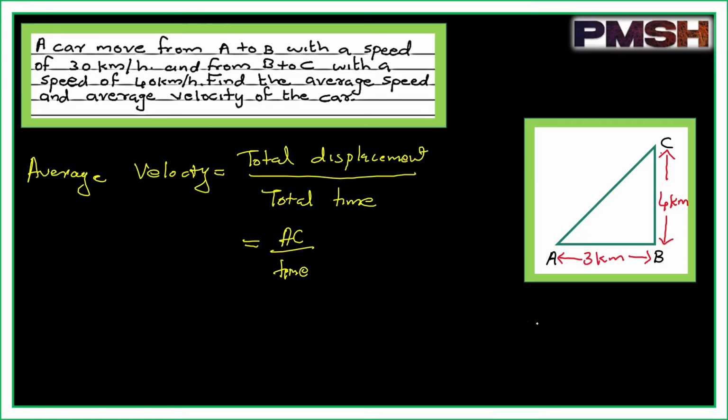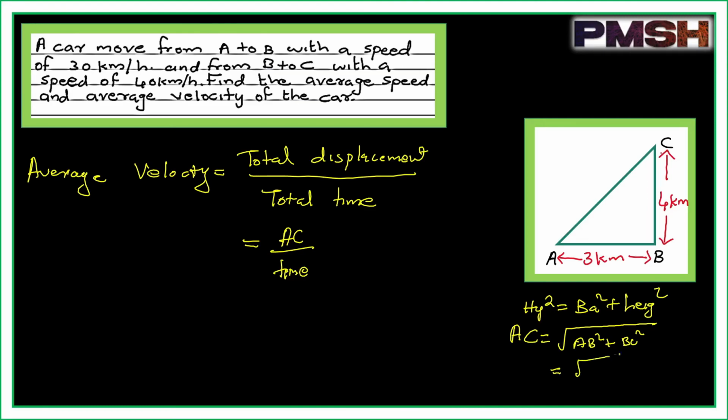So how to find AC? AC can be found by Pythagoras theorem. We know that hypotenuse square will be equal to base square plus height square. Right? That is the Pythagoras theorem. So you can say AC is nothing but root of AB square plus BC square.